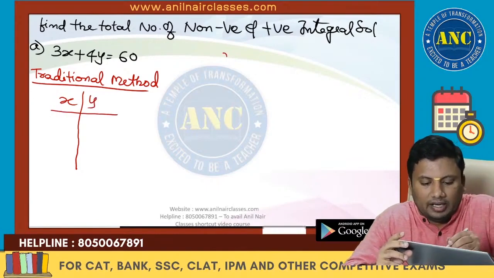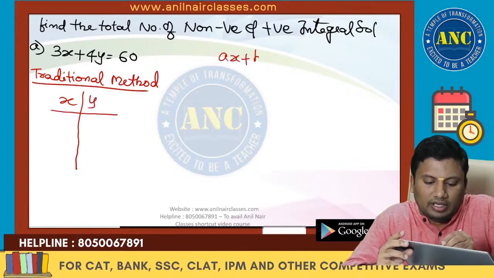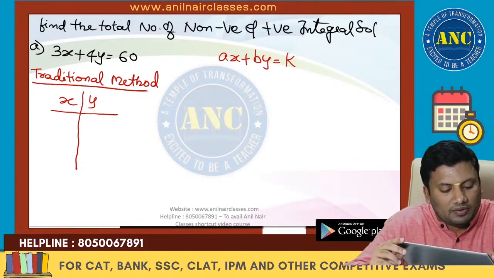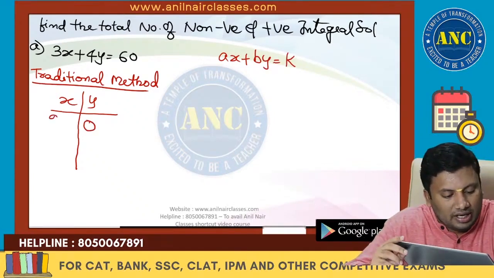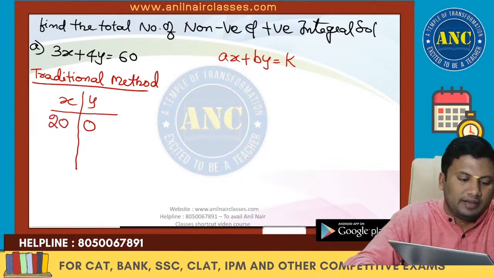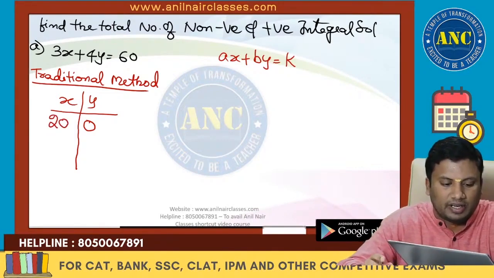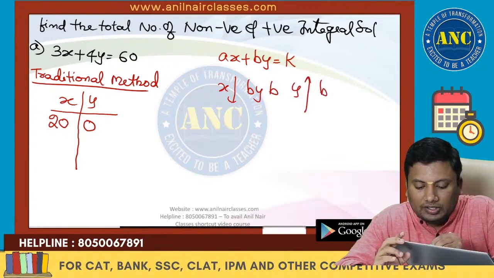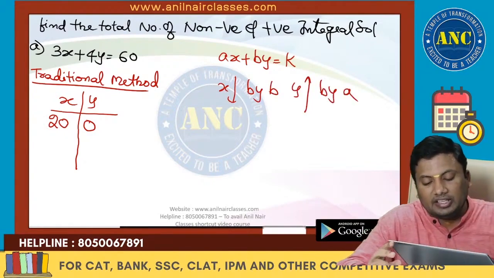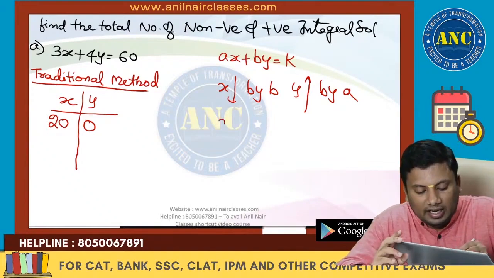First we will write down the points which we wrote. Ax plus by equivalent to k. Start with y value 0. 3x equivalent to 60, x is nothing but 20. What are the cases? If x decreases by b, y will increase by a.